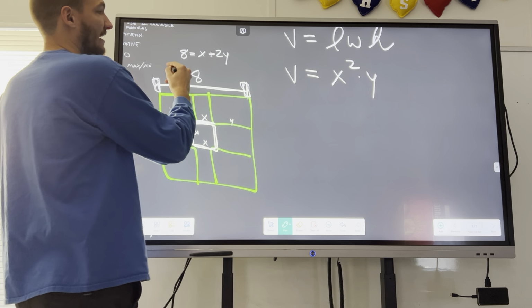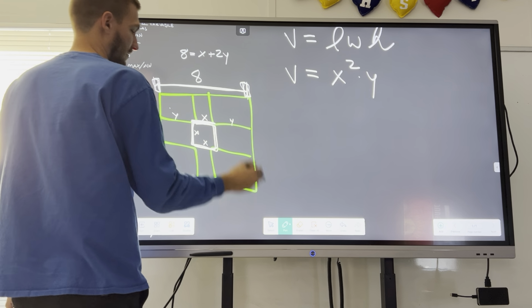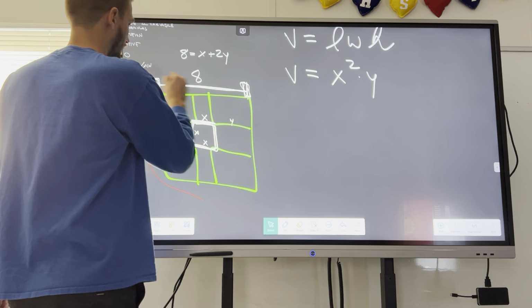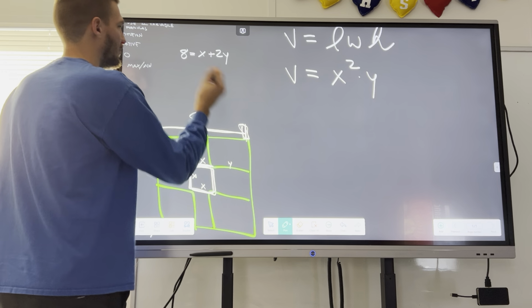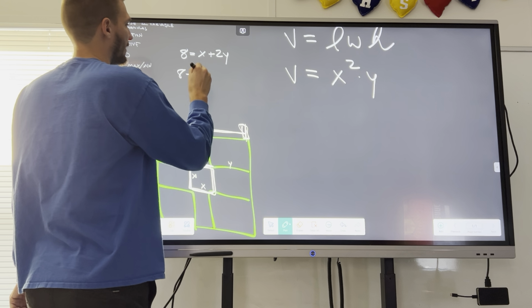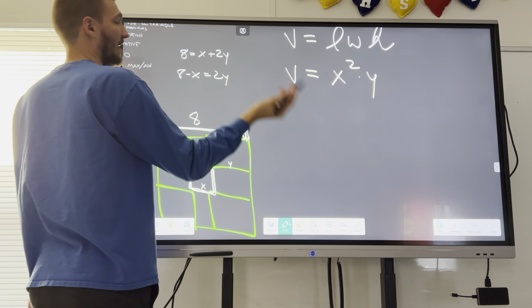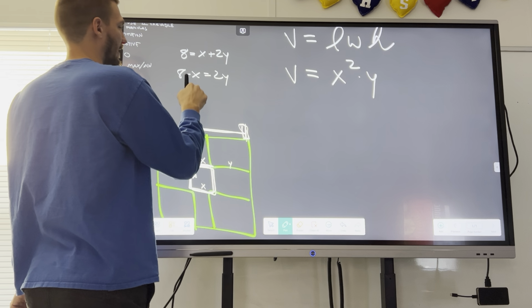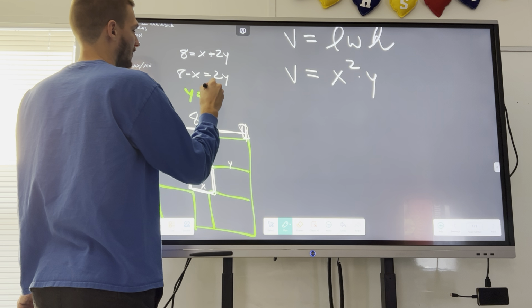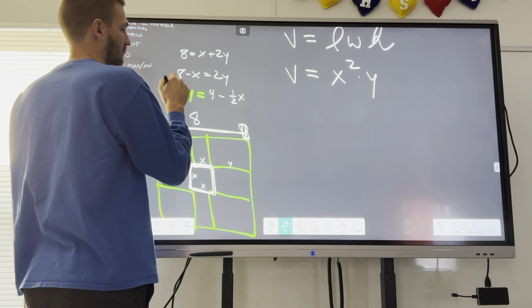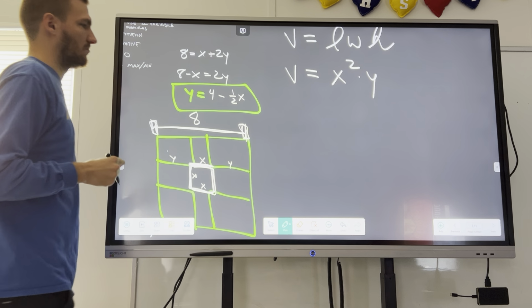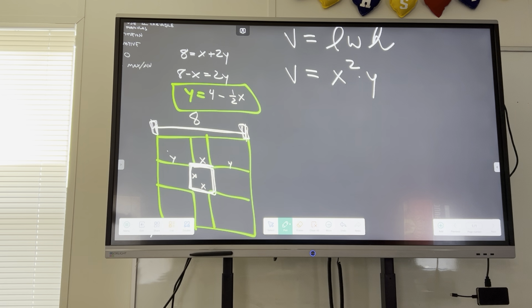I'm gonna subtract x to the other side. 8 minus x equals 2y. Divide both sides by 2, and I'm getting y equals 4 minus 1/2 x. Is that right?